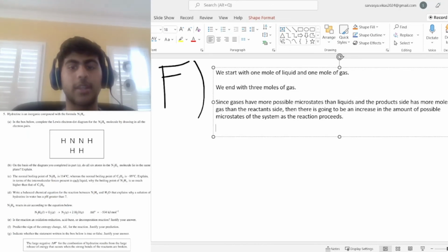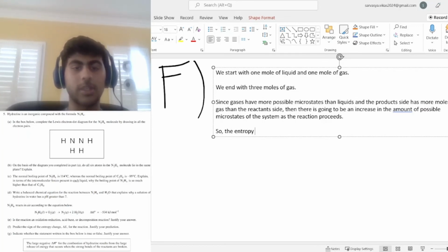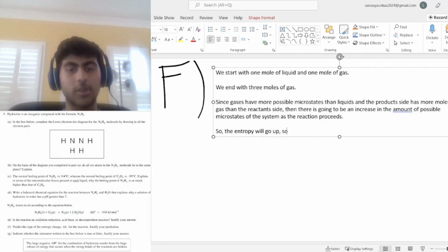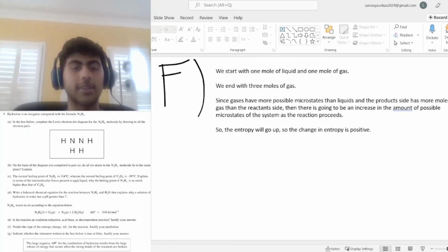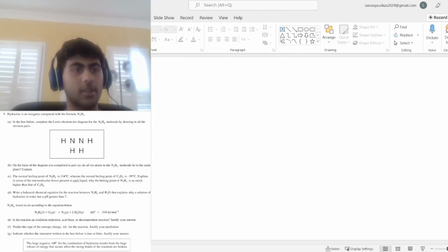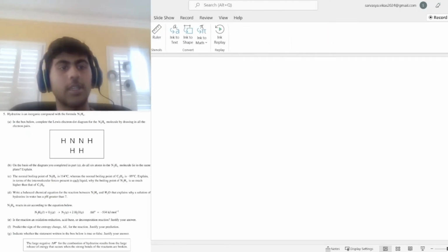What does that mean? It means the entropy will go up, so the change in entropy, delta S, is positive. And we can move on to part G.